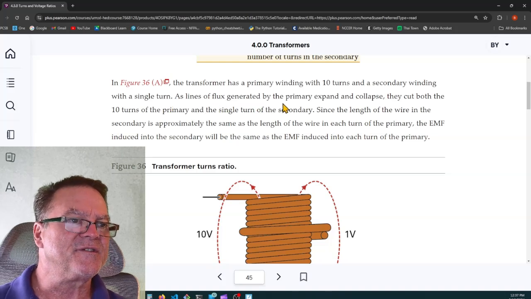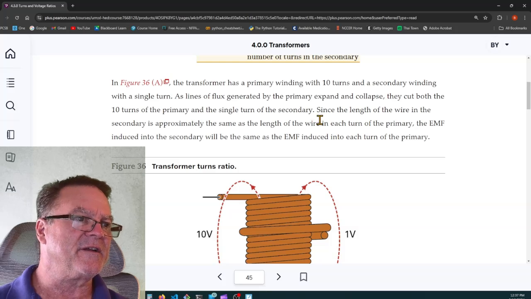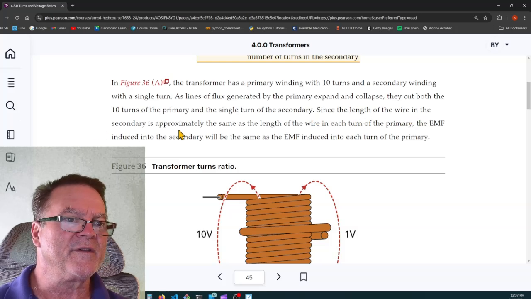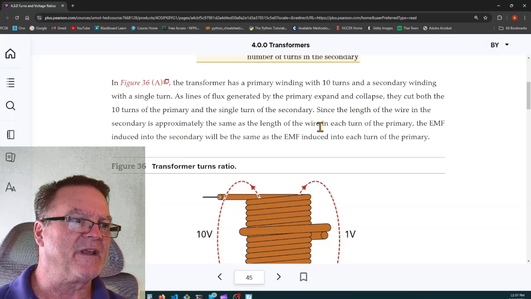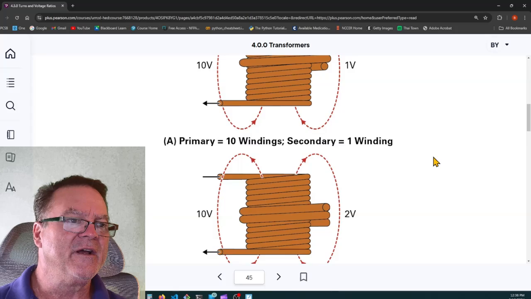As lines of flux generated by the primary expand and collapse, they cut both the 10 turns of the primary and the single turn of the secondary. Since the length of the wire in the secondary is approximately the same as the length of the wire in each turn of the primary, the electromotive force induced into the secondary will be the same as the electromotive force induced into each turn of the primary.